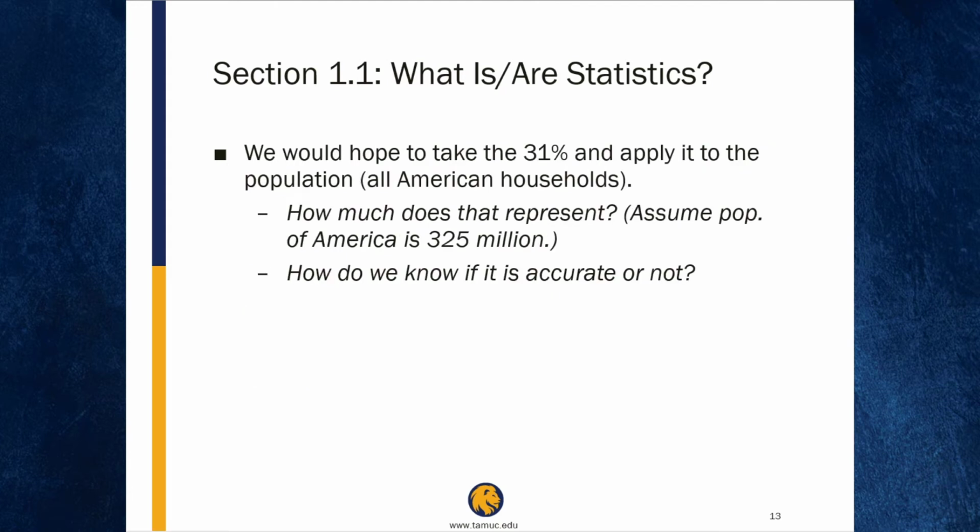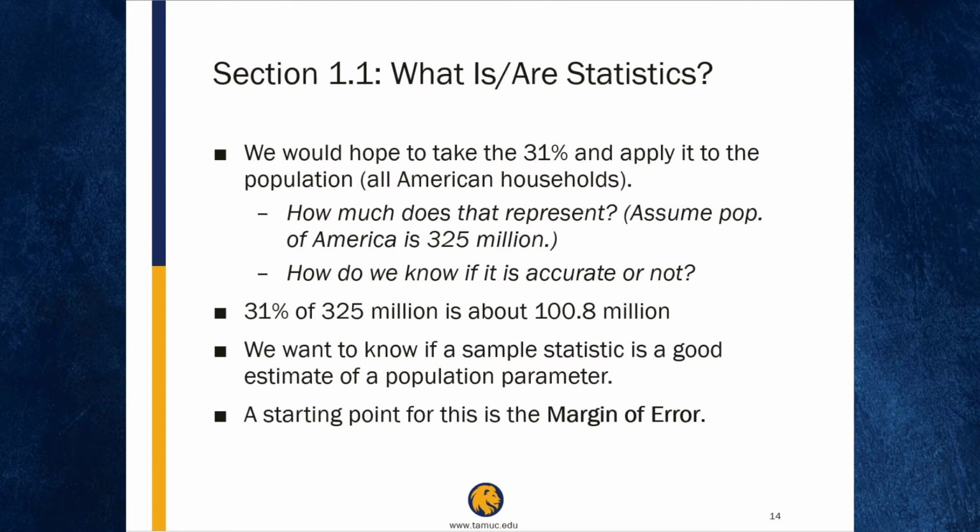What we'd like to do is to take that 31% that we find as a sample statistic and apply it to the entire population and use it as an estimator of that. So how much would that represent, assuming the population of America is 325 million people? And how do we know if it would actually be accurate or not?